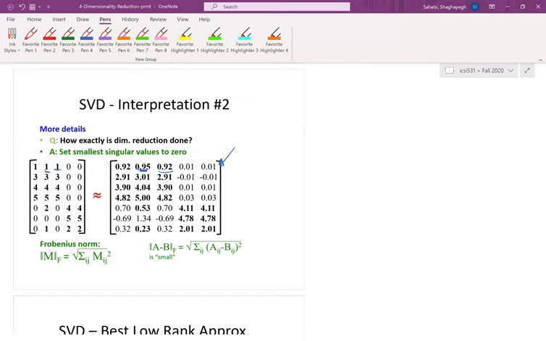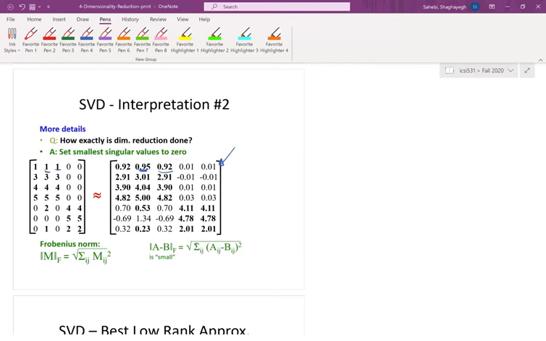Now, to see how close, what I can do is take the differences between every two elements in the two matrices and square them, because the distance is important for us, right? We don't want them to cancel out each other. So square them and sum over them and take the square root of that. And that is called the Frobenius norm of this subtraction matrix.